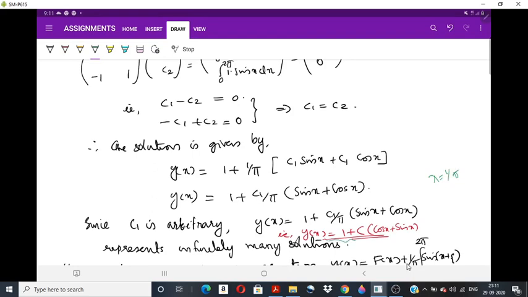So this will be the solution. Since the value of C is arbitrary, there are infinitely many solutions.